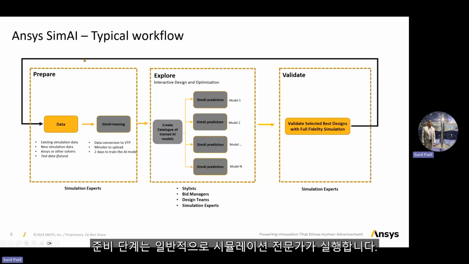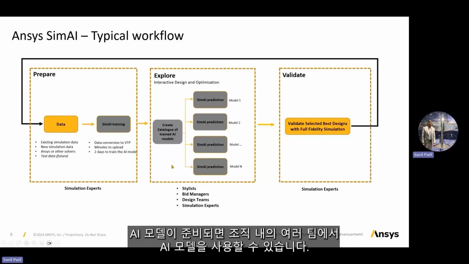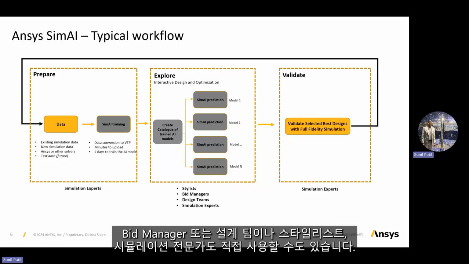So the prepare phase is typically executed by the simulation experts, but once the AI model is ready, that AI model can be used by a variety of personalities within the organization, whether they're bid managers or it can be used from design teams or stylists or simulation experts themselves in many cases.